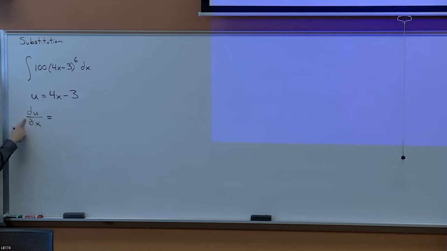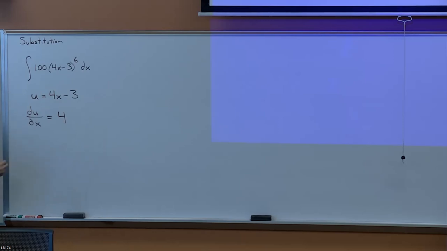I'm going to write it this way for just a second. That derivative, the derivative of this expression with respect to x, is 4. So I'm thinking of u as just like a function, like g of x or f of x or whatever. u equals this expression. So if I take the derivative of that expression with respect to x, I just get 4. So the derivative of u with respect to x is 4.